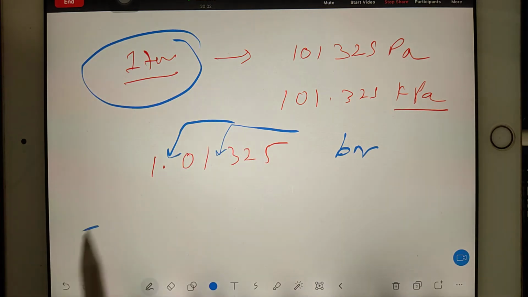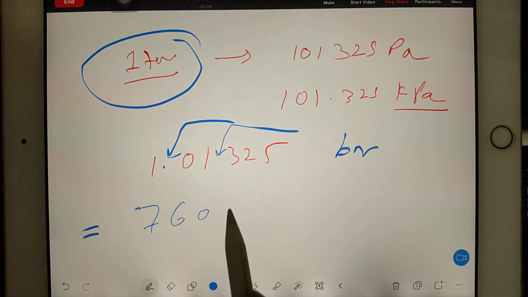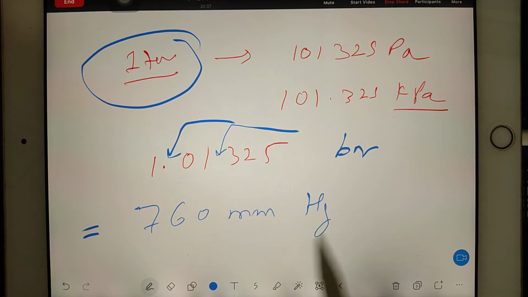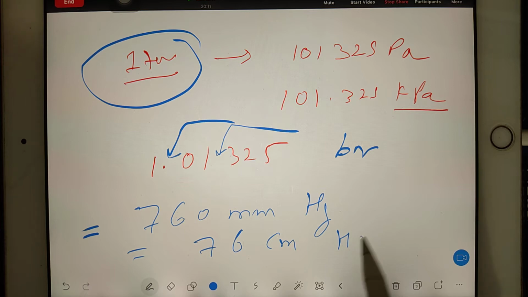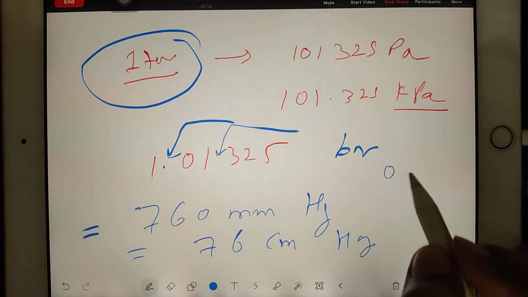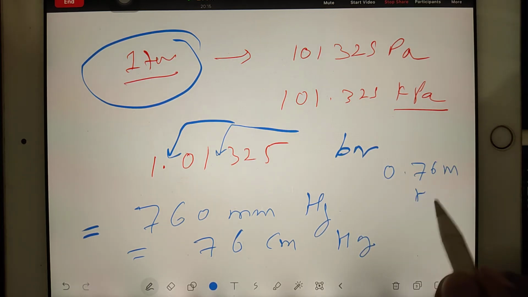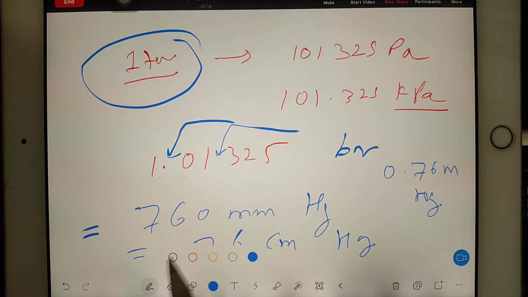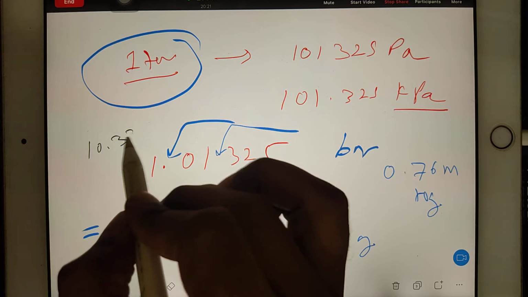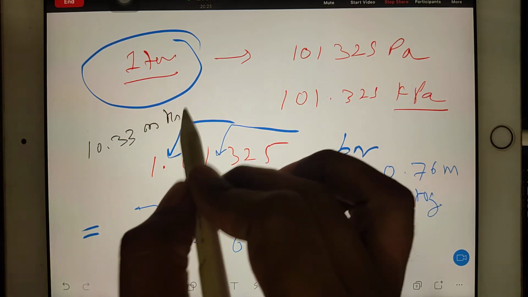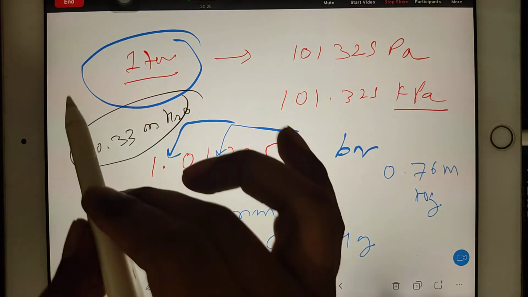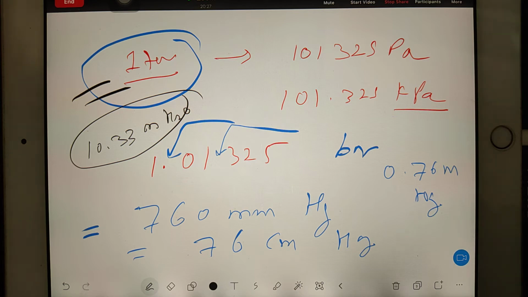The same 1 atmosphere, you can also write as 760 mm of mercury, or 76 centimeter of mercury, or 0.76 meter of mercury. Mercury means Hg. Or you can also write 10.33 meter of H2O. These are the values of 1 atmospheric pressure.